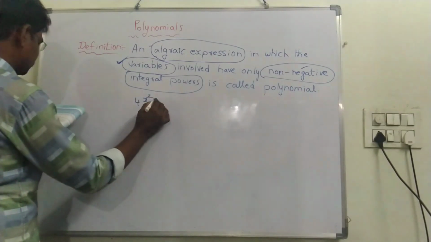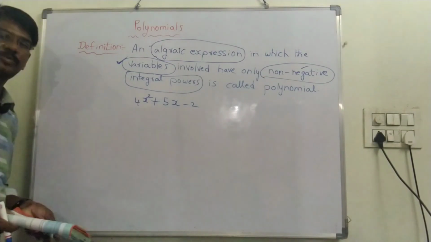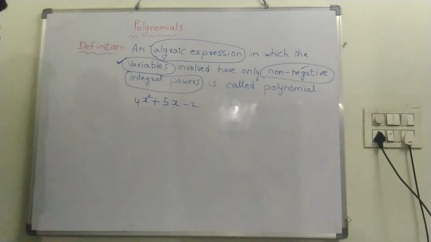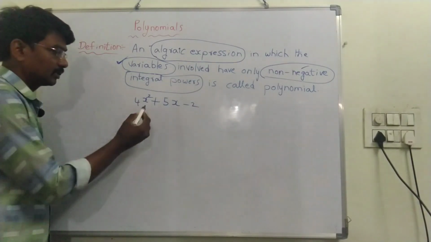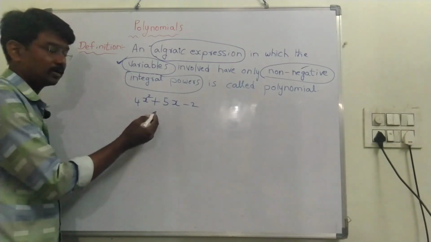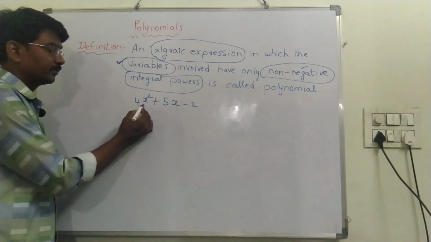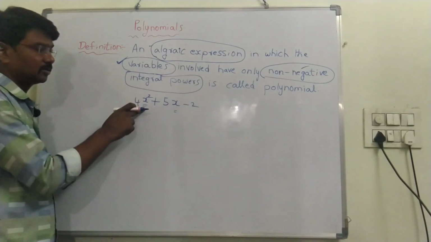4x square plus 5x minus 2. Is it a polynomial? What should be your observation? Polynomial. How can you say? Variable. What is the variable here? X. X power 2.